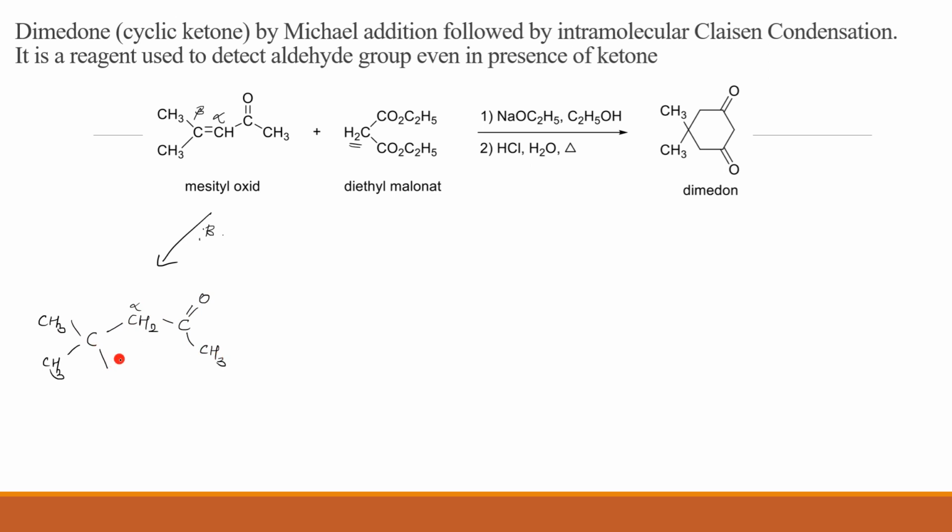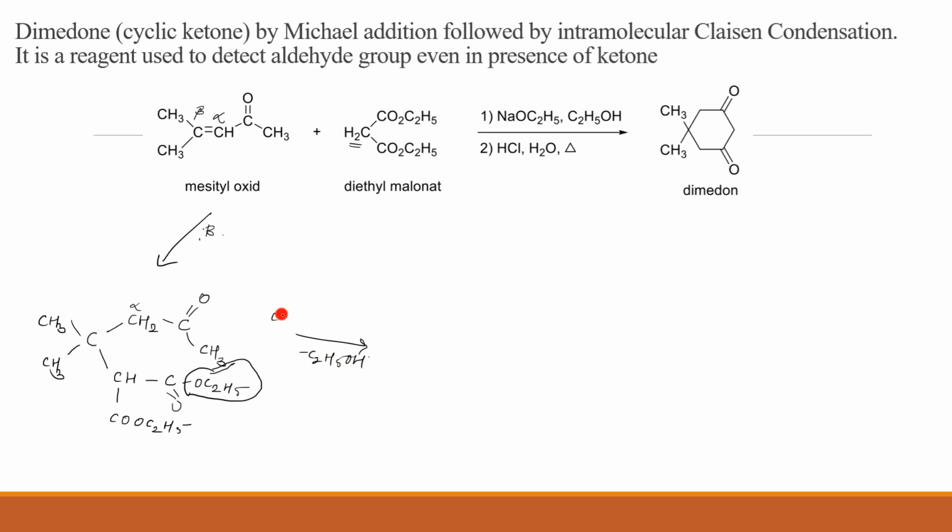So to get that cyclic structure we are writing it. Remaining structure is CH. We'll write it this way: C double bond O, OC2H5, and here you have COOC2H5. The next step over here is elimination of ethyl alcohol. So hydrogen from here is taken up. So this is minus C2H5OH.